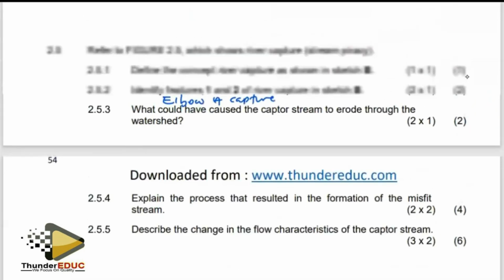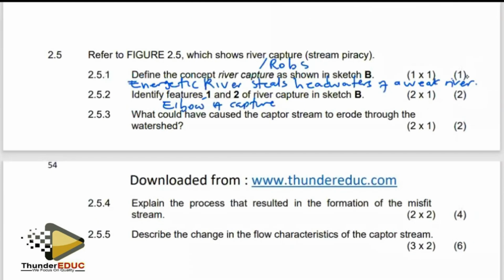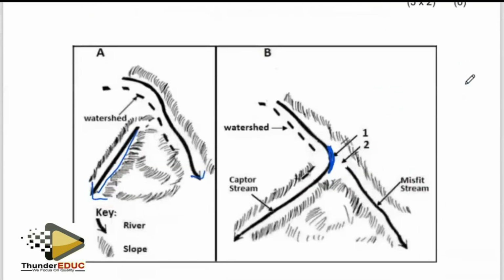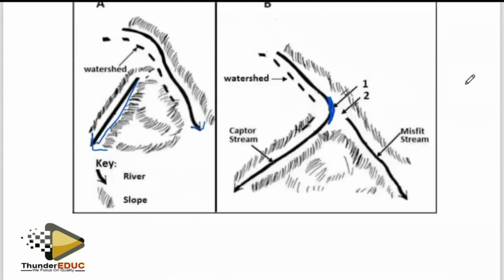And feature 2, that will be the wind gap or a dry gap. So that is an area, feature 2, this point here, that area which is now dry. There's no more water at that particular point.